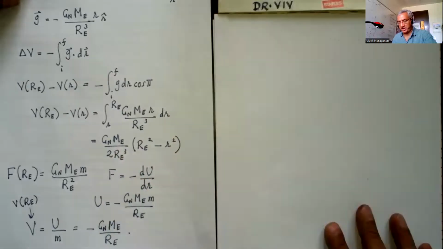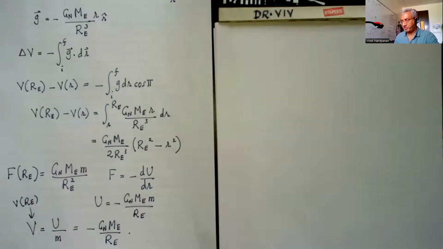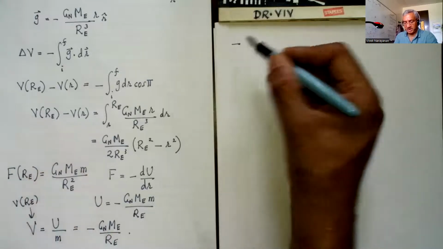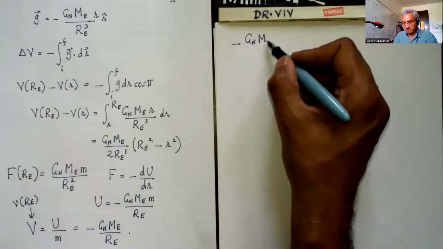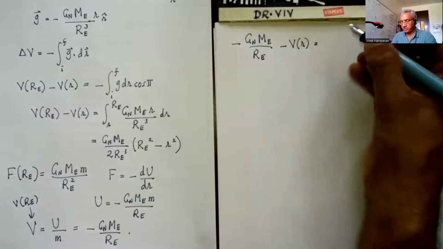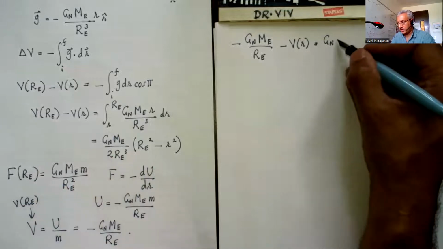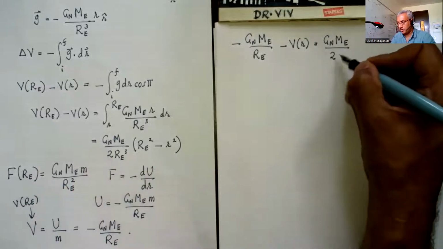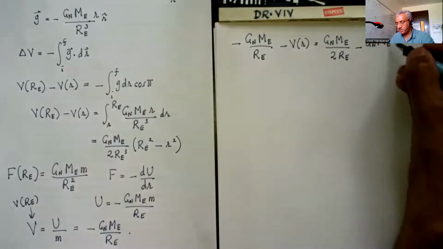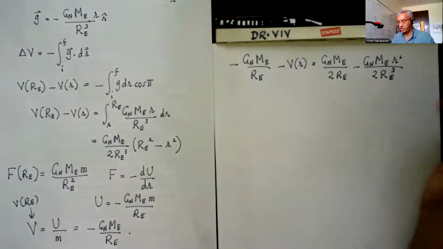So this part has to be done with great care because otherwise we will not be solving the right problem. That's why I'm taking my time with this. So I'll put this back in this equation, put this back in that equation. So I get negative G_N M_e over R_e minus V as a function of r is equal to all this stuff. So let me multiply it in. So I get G_N M_e over 2R_e minus G_N M_e r squared over 2R_e cubed.